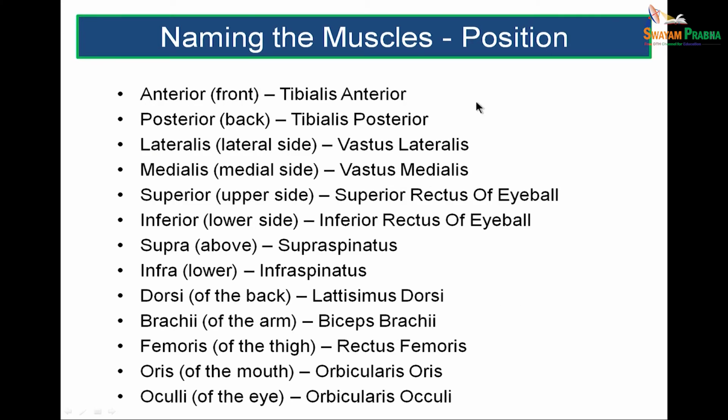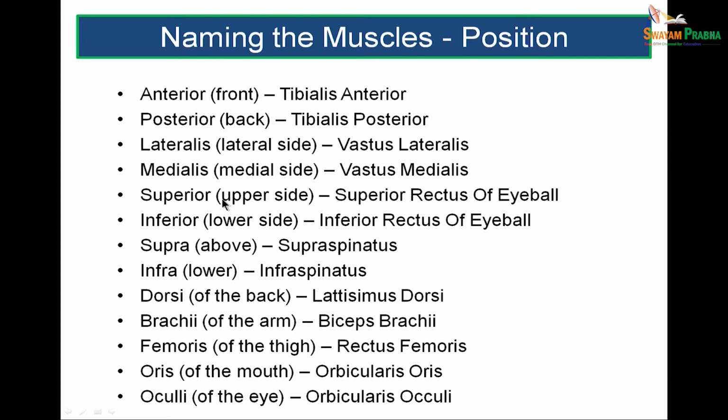Naming muscles based on their position, where they lie in the body. For example, anteriorly placed tibialis anterior, posteriorly placed tibialis posterior, laterally placed vastus lateralis, medially placed vastus medialis.